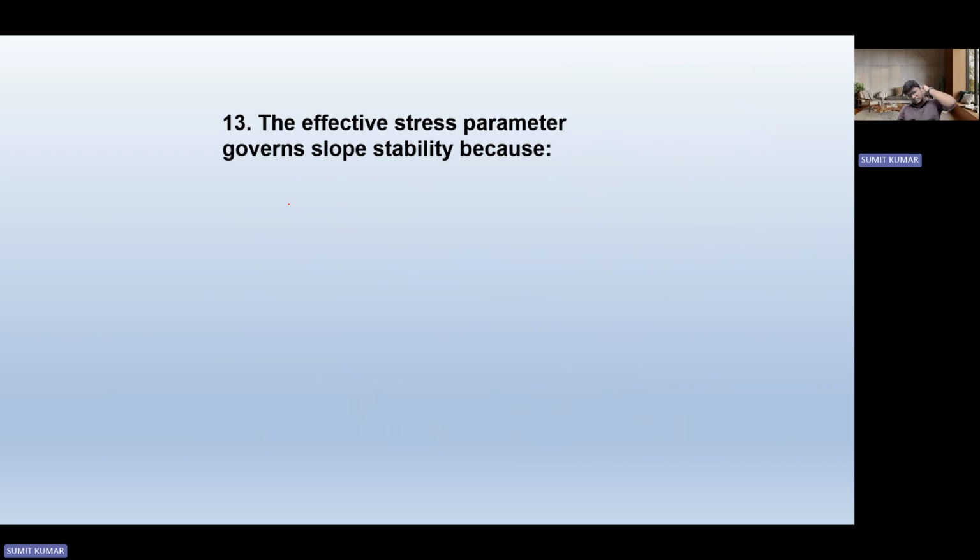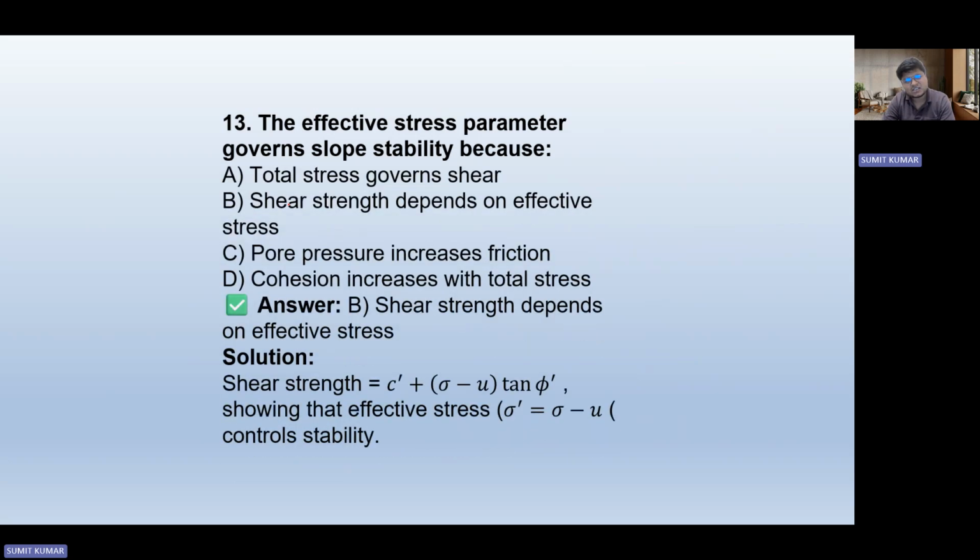And the next question is which effective stress parameter governs slope stability. The correct answer is already mentioned over here, that option B is the correct answer, that is shear strength depends upon the effective stress.